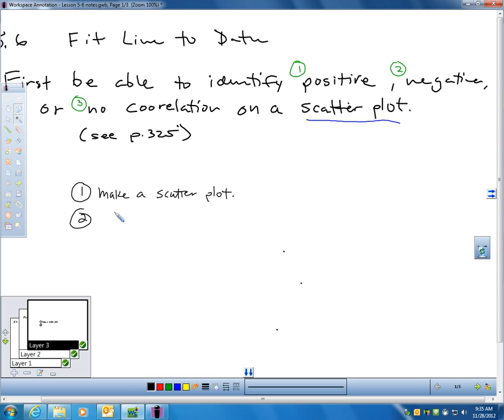Number two, you decide if there's a correlation. You decide if there's a correlation, and then if there is, draw a line of best fit.